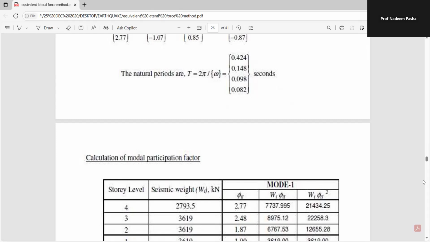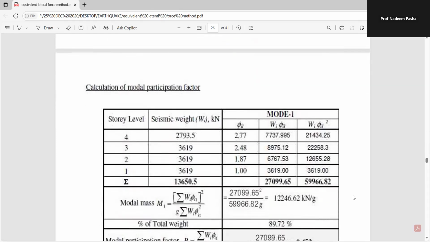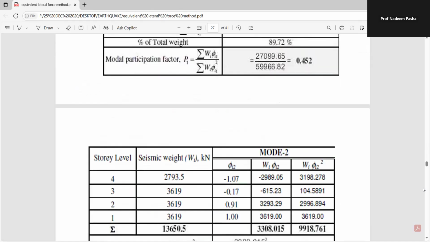The calculation of the modal participation factor. So this is the calculation part: storey level, seismic weight, and mode. Based on storey levels 1, 2, 3, and 4, these are the seismic weights, and these are the mode shapes, mode 1 and so on. So the storey levels are 4, 3, 2, 1, and the seismic weights are 2793.5, 3619.